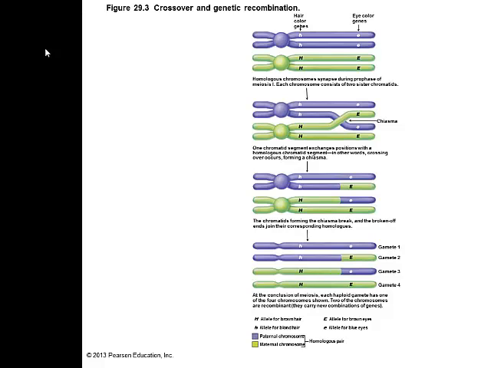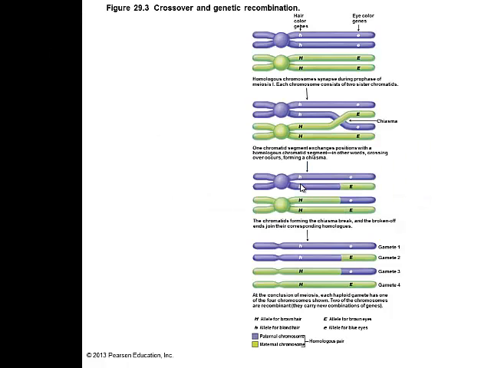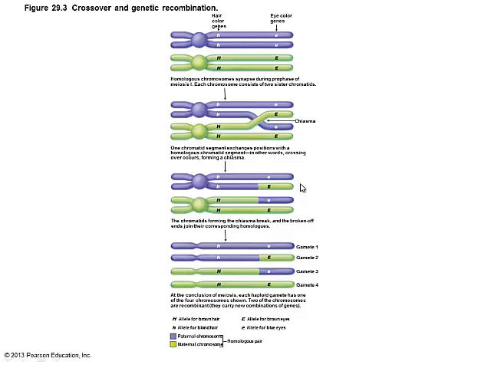Now, some of them are dominant, some of them are recessive. And those are terms that describe the genes that make the proteins, or actually describe the end product, the proteins themselves, and how they exhibit themselves in the body.